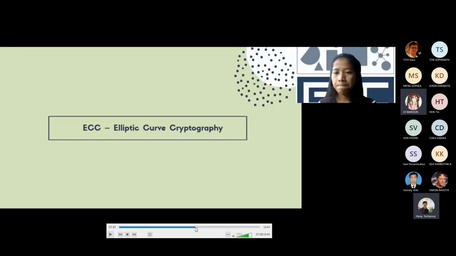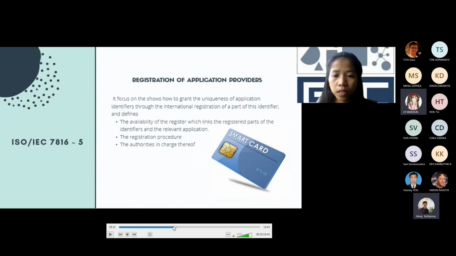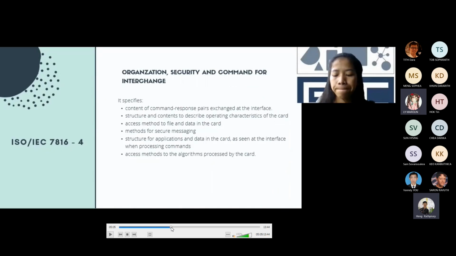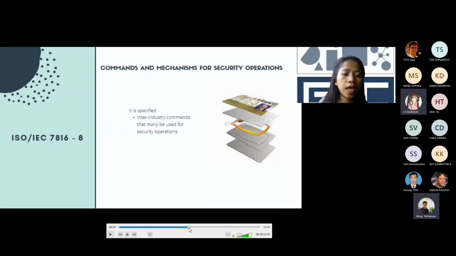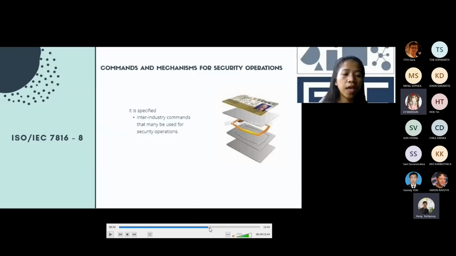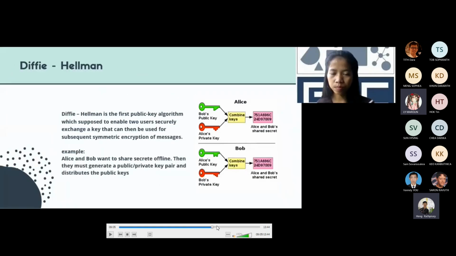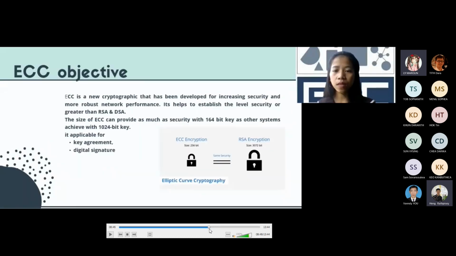After I chose it, I tried to understand each part. Another domain will be presented by my friend, and another thing is that I researched asymmetric cryptography. Besides asymmetric cryptography, there are Diffie-Hellman, ECC, and RSA. But I only described Diffie-Hellman and ECC first. The remainder will be presented by my friend.